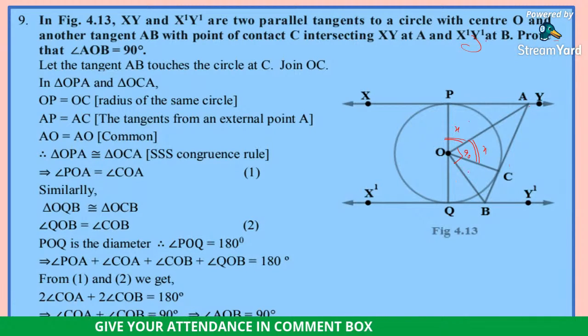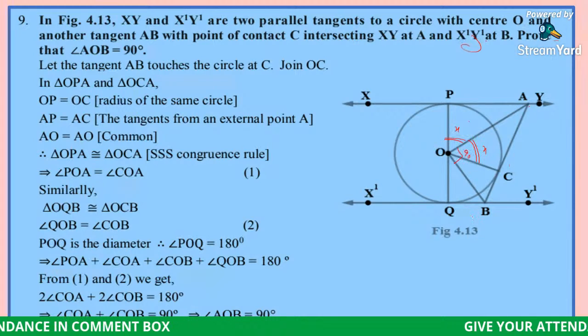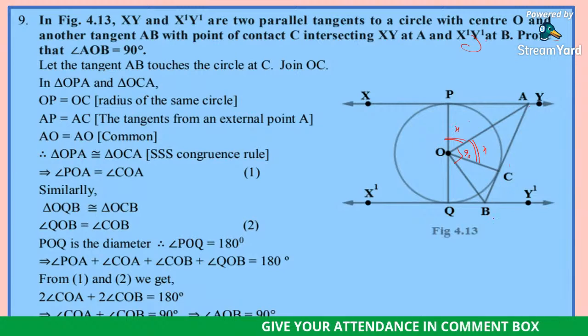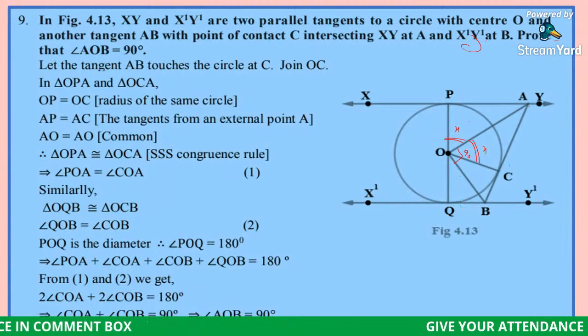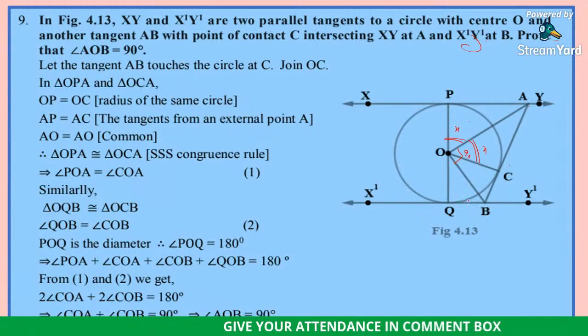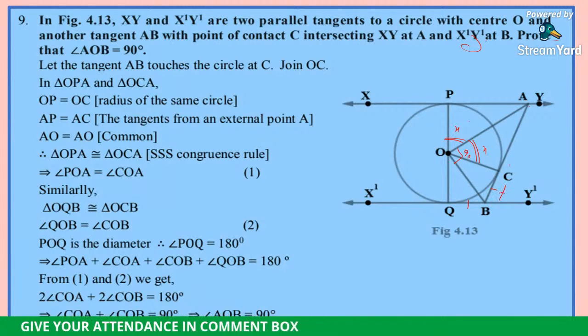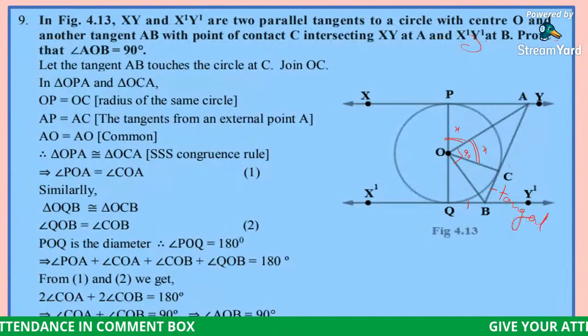Similarly, if you come to the next part of the figure, you have to consider BQO and BOC. Here, again in triangles BQO and BCO, we can write BQ is equal to BC because tangents drawn from an external point, right?